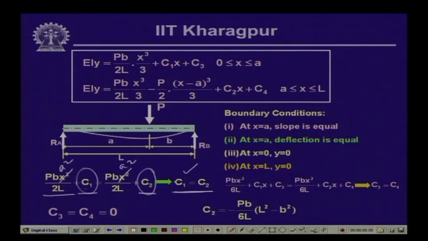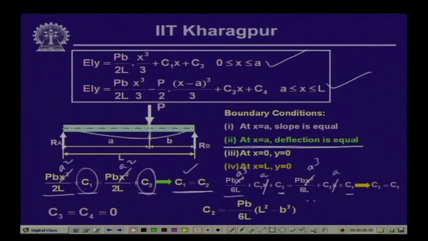Now, if we consider the second boundary condition, that at x equals to a deflection is equal, that means, if we employ these two equations, whichever equation we use at this particular point, deflection should be the same from either side. So, if we substitute x equals to a over here, this is P b a cube by 6 L plus C 1 times a plus C 3 is equal to P b a cube by 6 L plus C 2 a plus C 4.